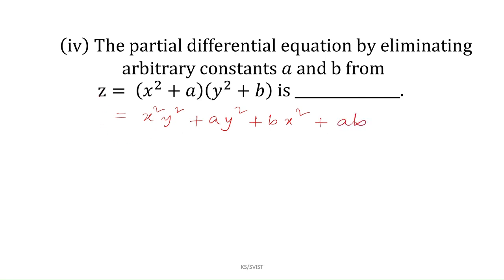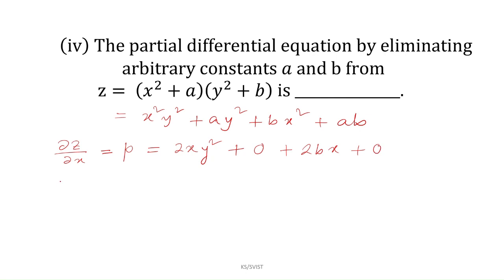Now let us find the partial derivative of z with respect to x, that is ∂z/∂x, which is actually p. y² will be treated as constant, so it is 2xy² + 0 + 2bx + 0.